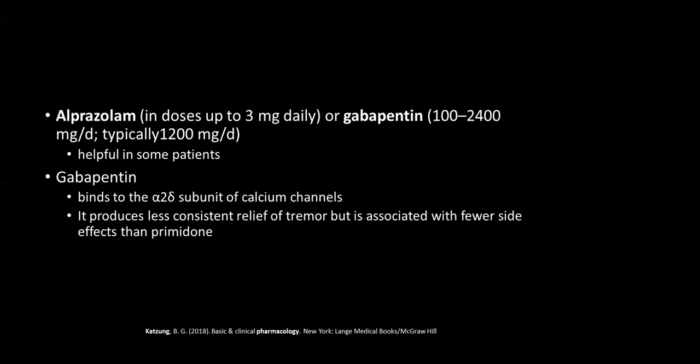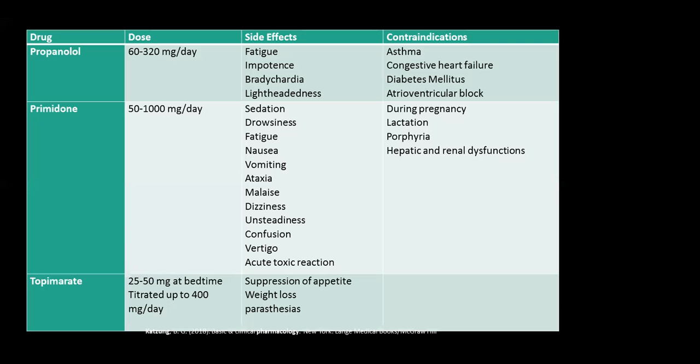Gabapentin binds to the alpha-2 delta subunit of calcium channels. It produces less consistent relief of tremor, but is associated with fewer side effects than primidone. Next slide. This is a table of the propranolol, primidone, and topiramate. Next slide.